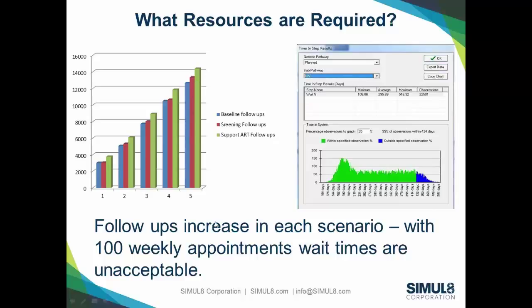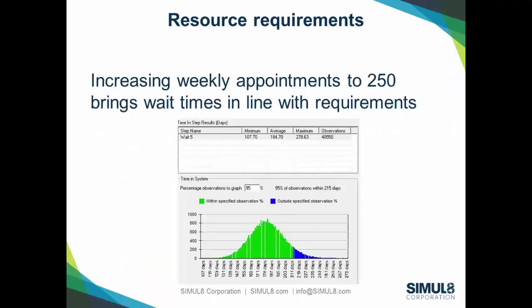Now we started in our baseline with having 100 weekly appointments and ran that through for the 5 years, and you can see that those wait times are unacceptable. I mean, even with that 6-month average, you've got people waiting 295 days on average. That's not really going to work. They're not going to get treatment regularly, but actually if you increase the weekly appointments to 250, that brings your wait times in line with the requirements.